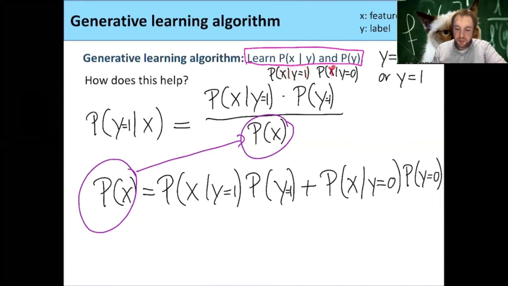And we want to know the probability of an email under the assumption it's not spam. And we want to understand this P(y) here, the probability that any email is spam or not spam. So these are the probabilities we want to understand, and this is what we want to train.